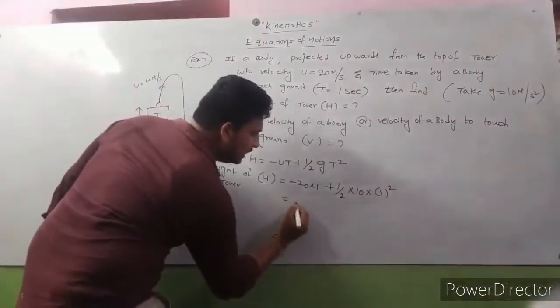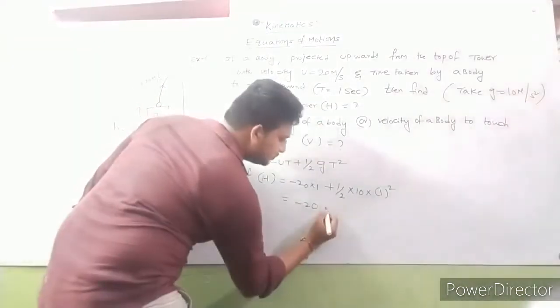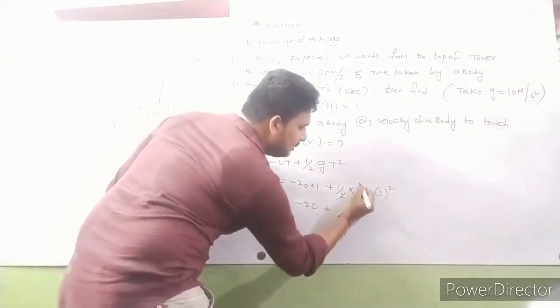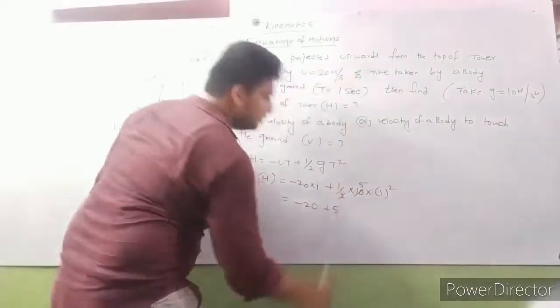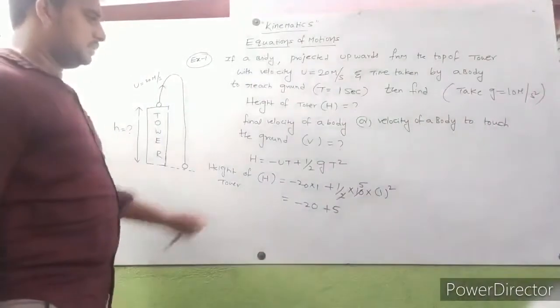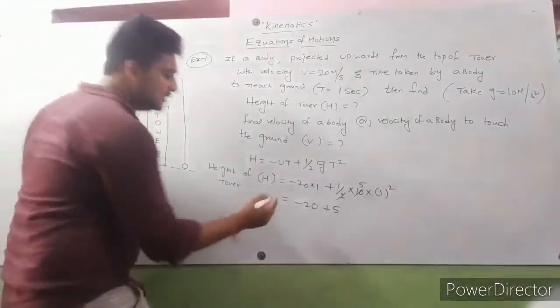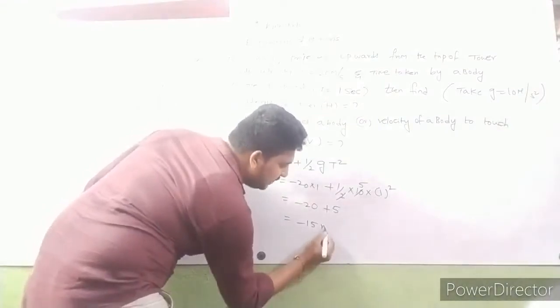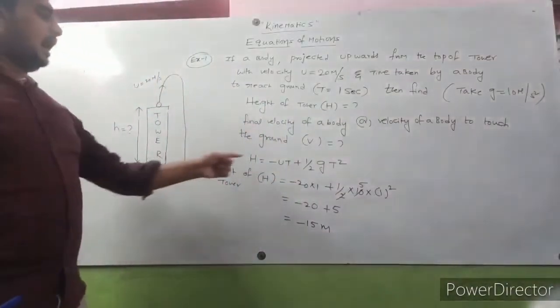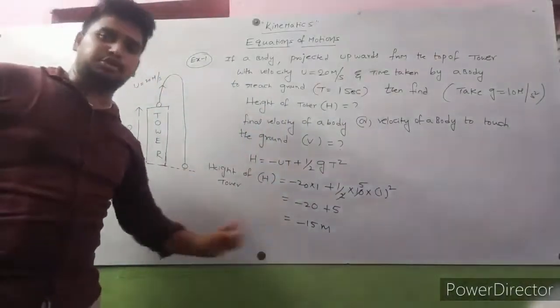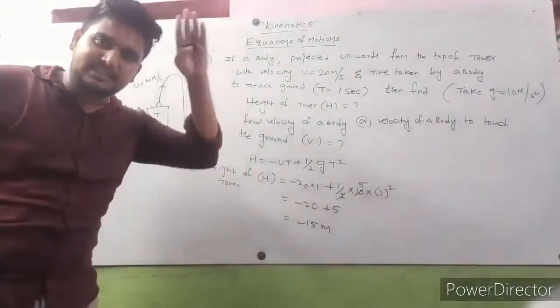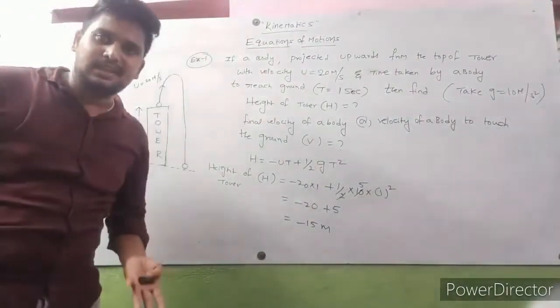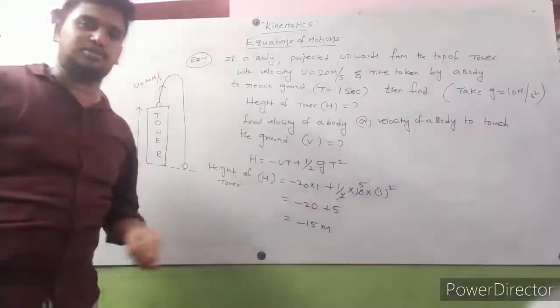So from this, minus 20 plus 2 how many times? 5 times. 5 into 1, 5. So from this we got minus 20 plus 5, minus 15. Minus 15 meters. Here height is always measured as positive, because this is a distance. Height is nothing but distance. Height is always measured as positive.